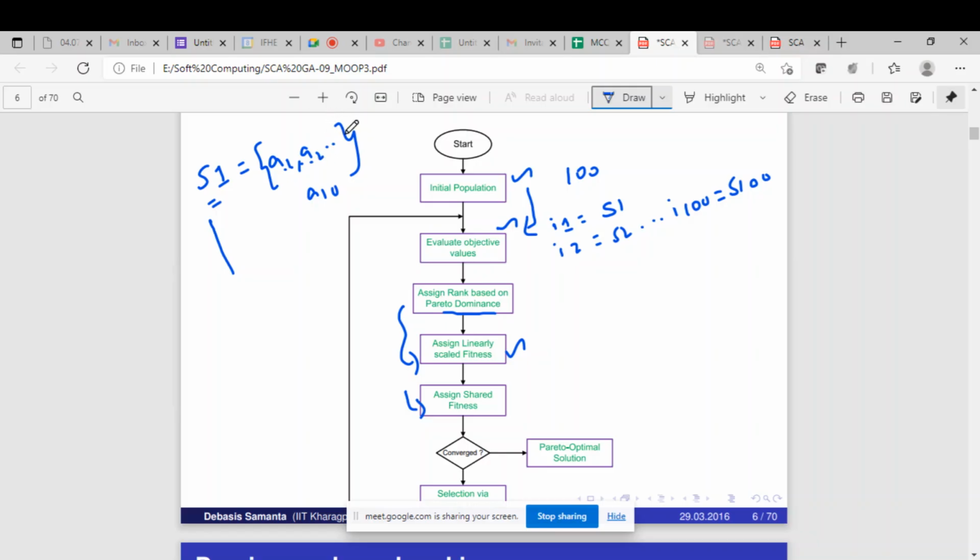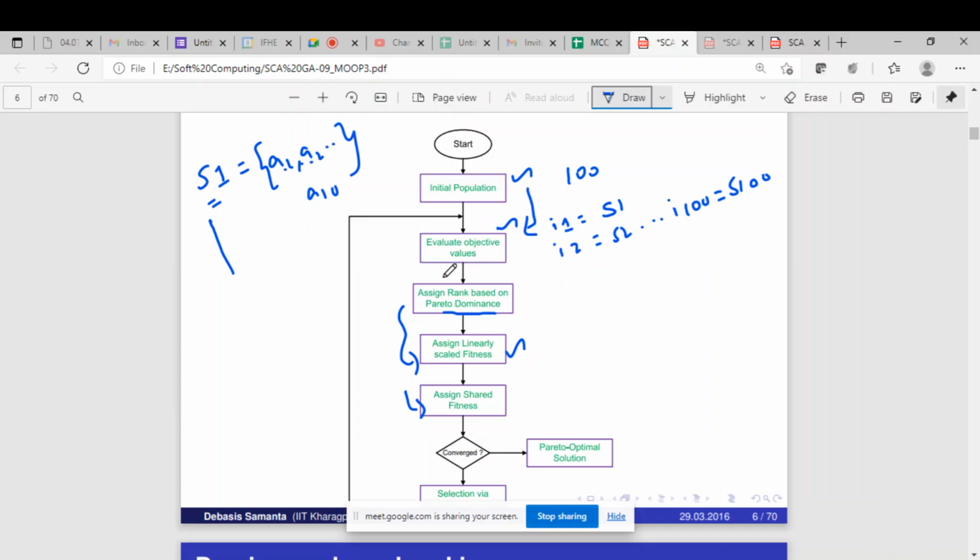Because how we define Pareto optimality, the solution cannot be further improved without degrading some other objective function. So whatever solutions are available in the Pareto optimal set, all are treated as equal. That is, they are not dominating each other, right?